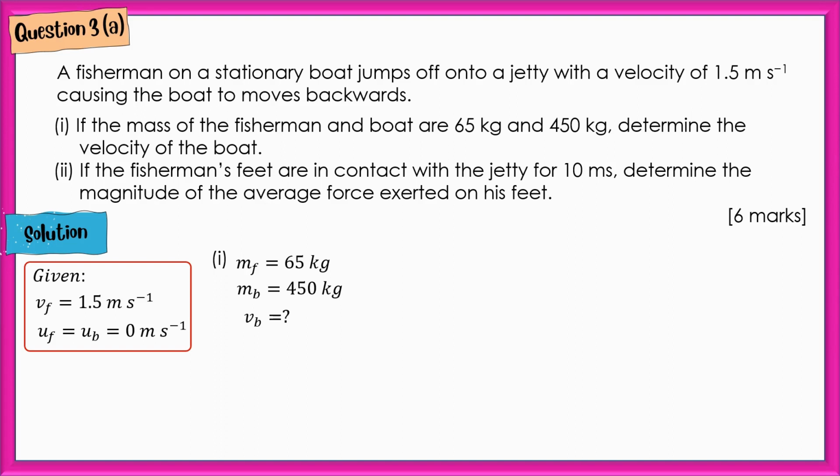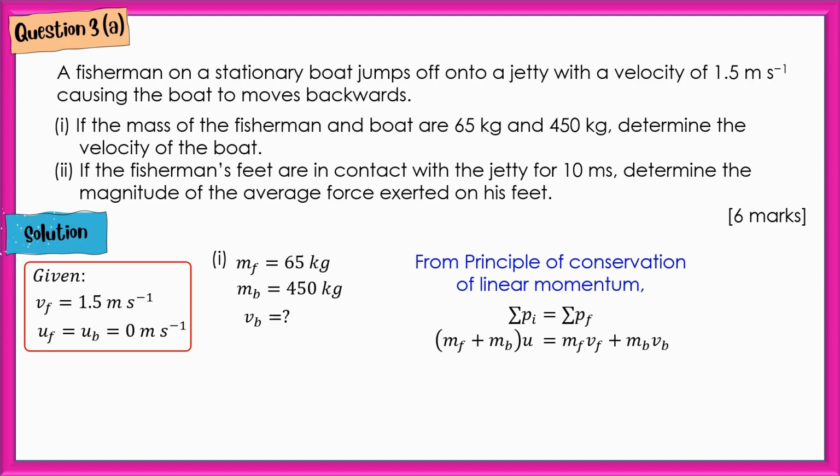First question: if the mass of the fisherman and boat are 65 kg and 450 kg, determine the velocity of the boat. To calculate the velocity of the boat, we will use the principle of conservation of linear momentum, where the sum of initial linear momentum is equal to the sum of final momentum.